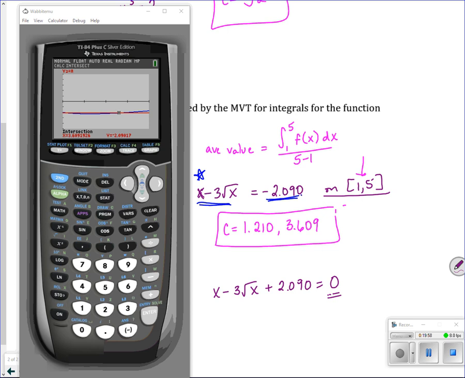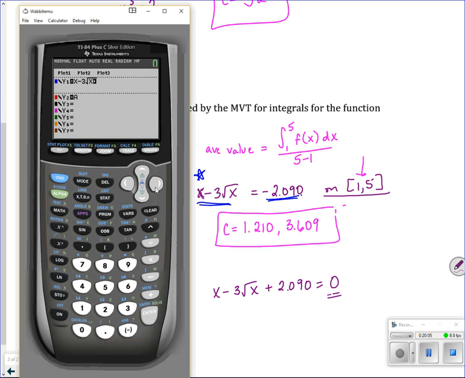I could certainly do it that way. Think about subtracting A from both sides. So if I go minus A, and then I put in 0 here, I can see it a little better where I'm crossing that x-axis, and I could do second calc intersect at both of those places and get the same thing. So you can choose whichever way you like better in getting that value.